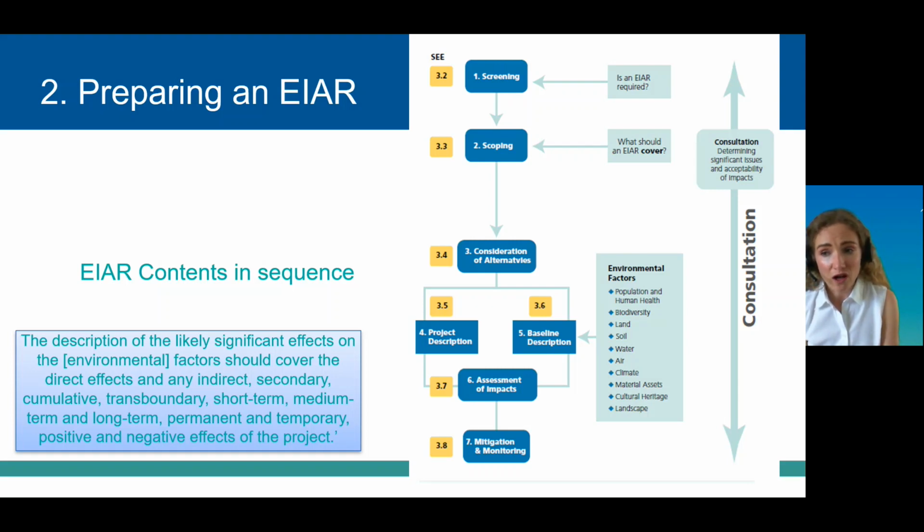And all relevant phases of the life of the project should be considered, for example, from construction through to existence or operation, and in some cases then also restoration and decommissioning. So guidance on all of that information is in the guidelines.